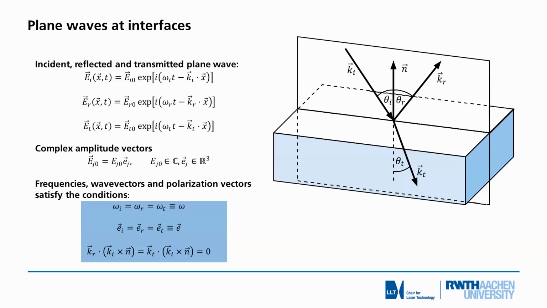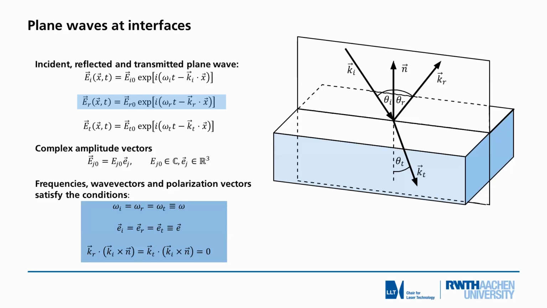At the interfaces, we can look at what happens now to the electromagnetic waves. Here you see the formulation of a simple propagating linear wave: E equals E incident naught times the exponential of i(ωt − kx). The same thing holds for the reflected electromagnetic wave here.